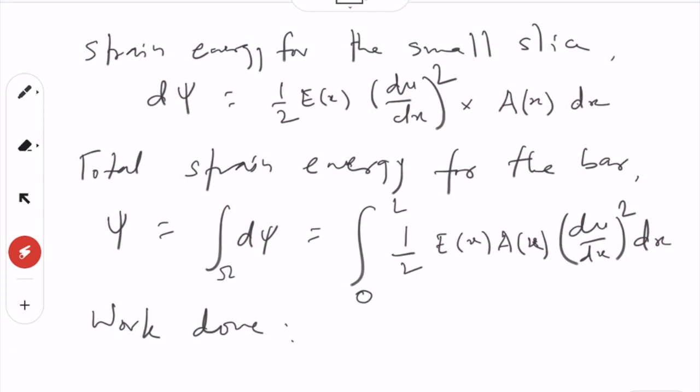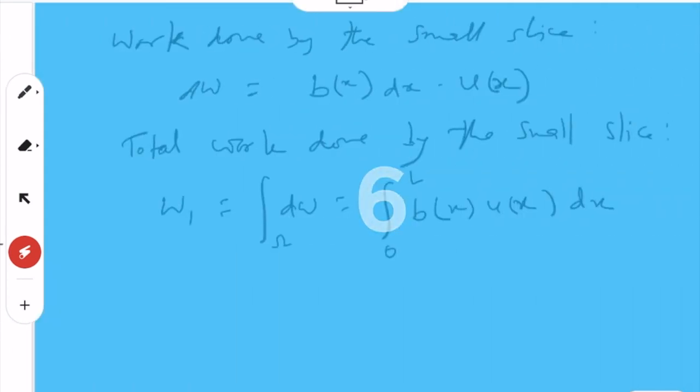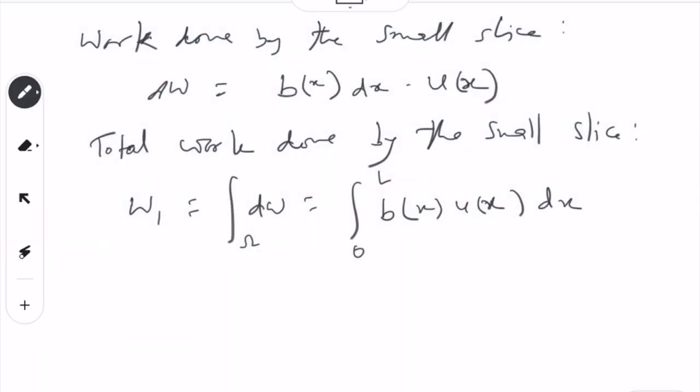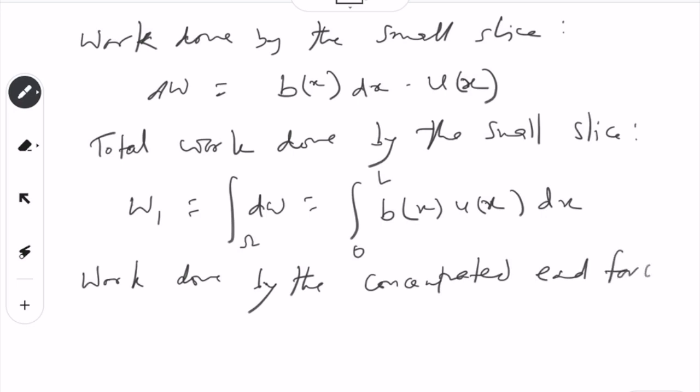So let's add the work done by the concentrated end force. W2 will be equal to F naught multiplied by U at x equal to L.